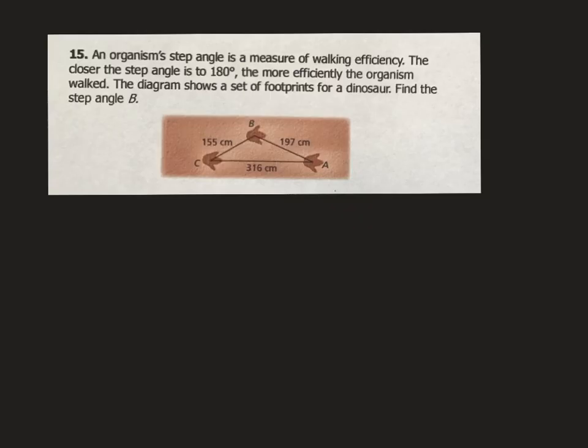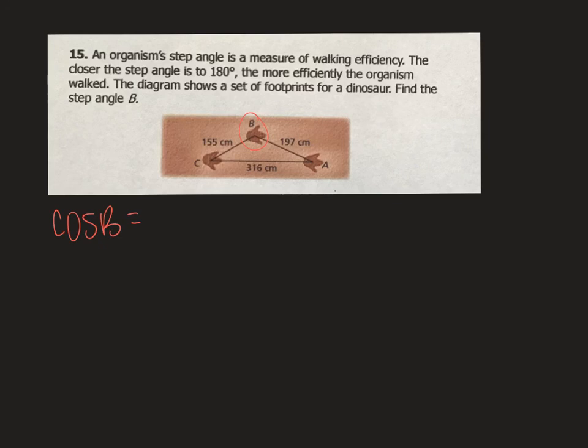So our last one: in organisms, step angle is a measure of walking efficiency. The closer the step angle is to 180, the more efficiently they walk. The diagram shows a set of footprints for a dinosaur. Find the step angle B. So we need to find this angle, so that's going to be our angle formula.